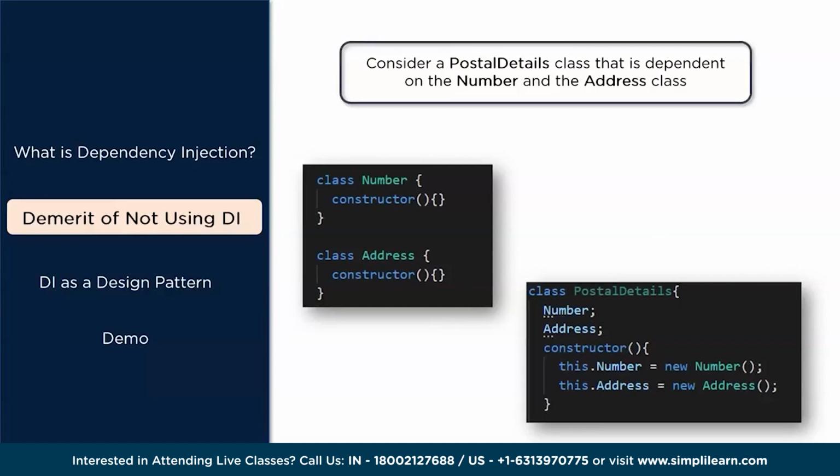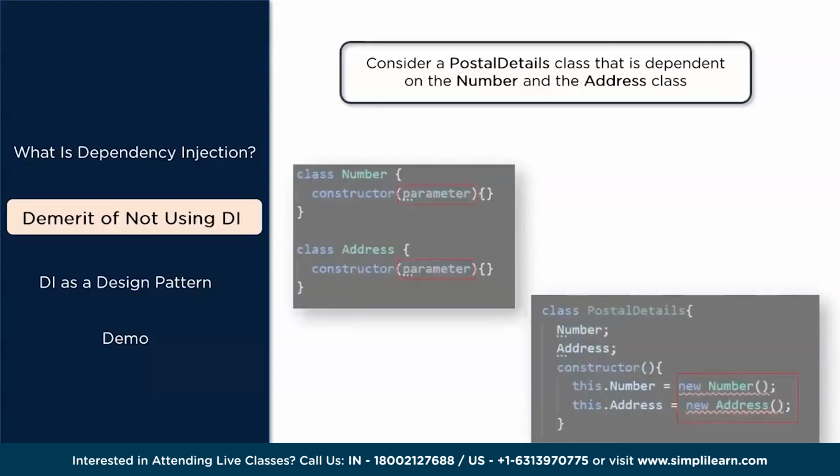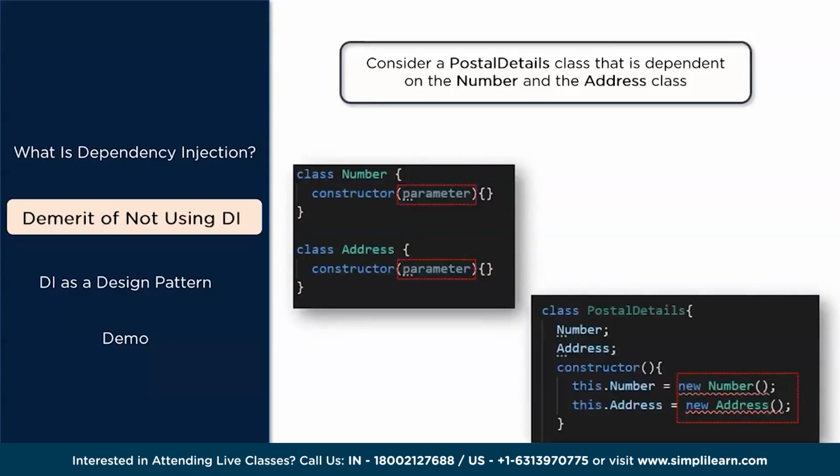Now, although this looks simple, there's a problem with this code. Let's assume that the number and address class constructors now accept parameters. When we change the numbers class, the postal details class gets broken. Now, to overcome this, we need to pass a parameter to the number constructor. So this applies to address as well.